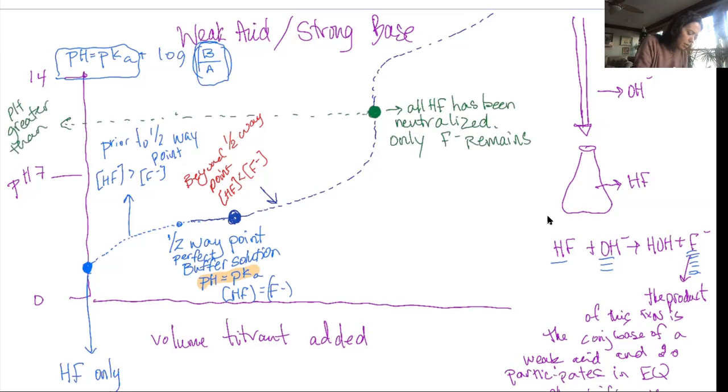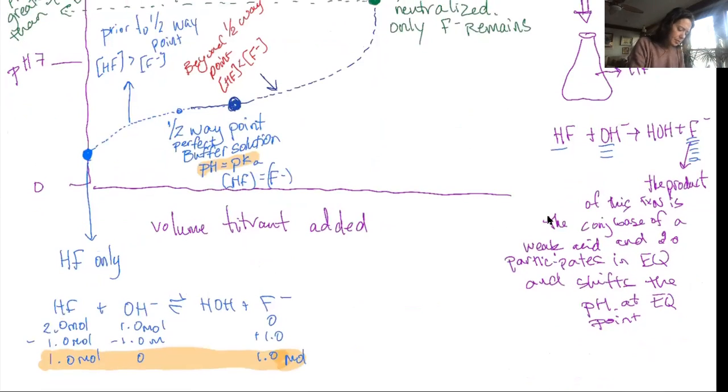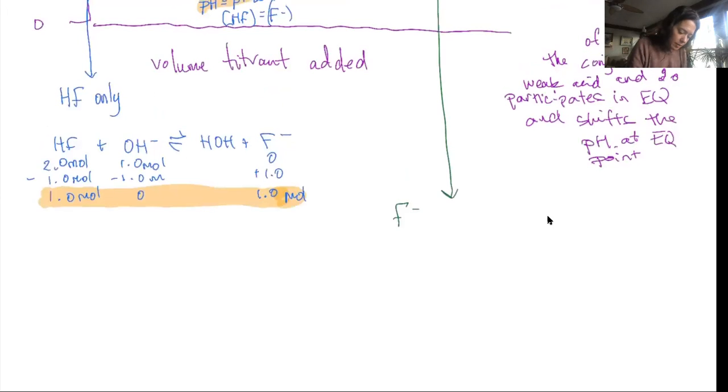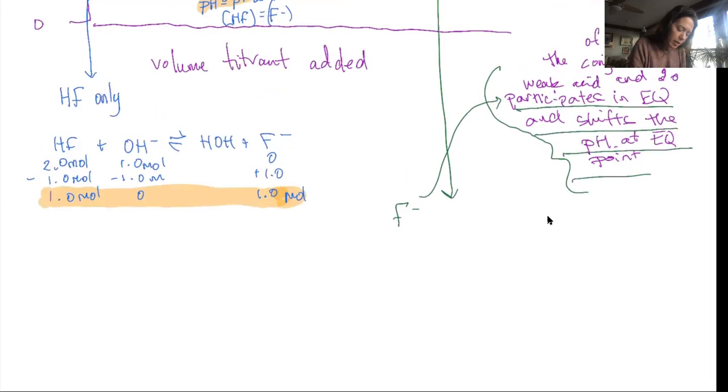And you need to know why, right? And here's why. All right, F, this is why. F participates in equilibrium and shifts the pH at the equivalence point.